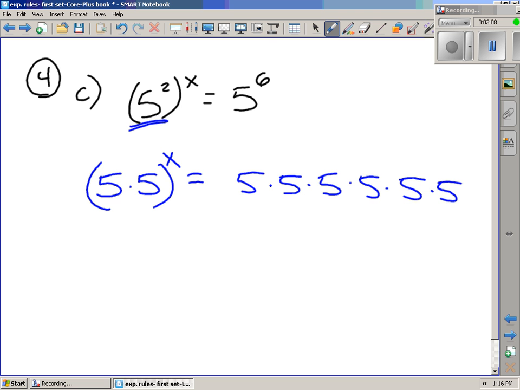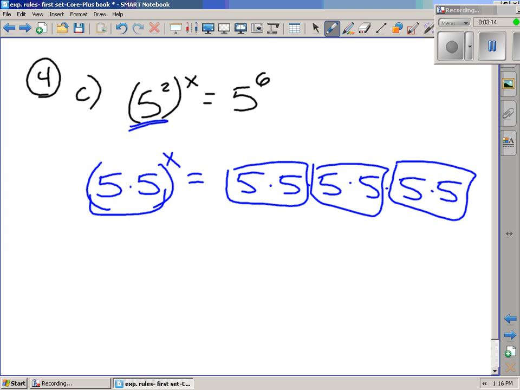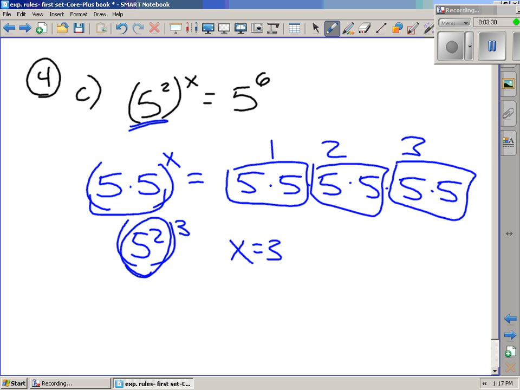So here, if we have 2 5s, we have 1, 2, 3 sets of 5 squared. So I could write this as 5 squared to the third power. So I would write this set of 5 squared 1, 2, 3 times to get 5 to the 6th power. So x is equal to 3 in this example.